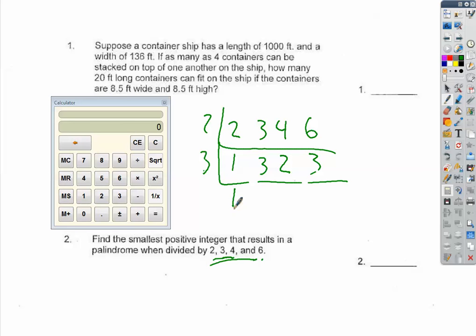So the greatest common multiple here is going to be 12, right? Okay, so the question is, what multiples of 12 are palindromes, right?